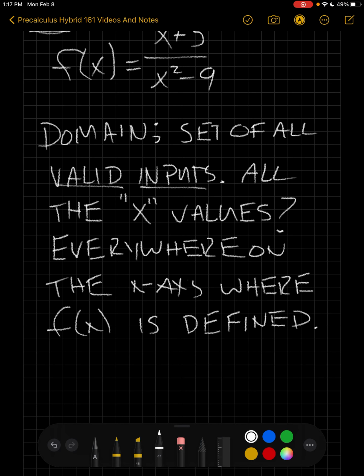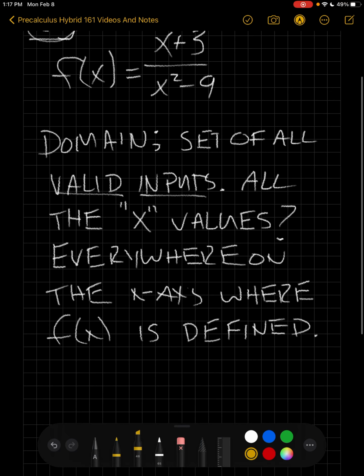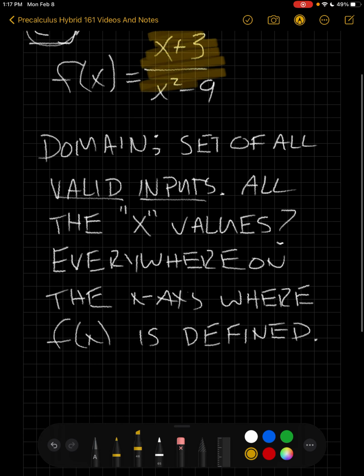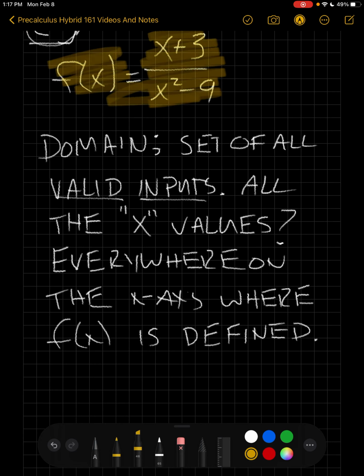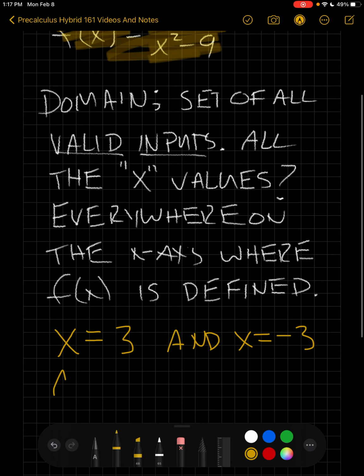So in our example, f of x is equal to x plus 3 over x squared minus 9. For this example here, x equals 3 and x equals negative 3 are not in the domain for f.